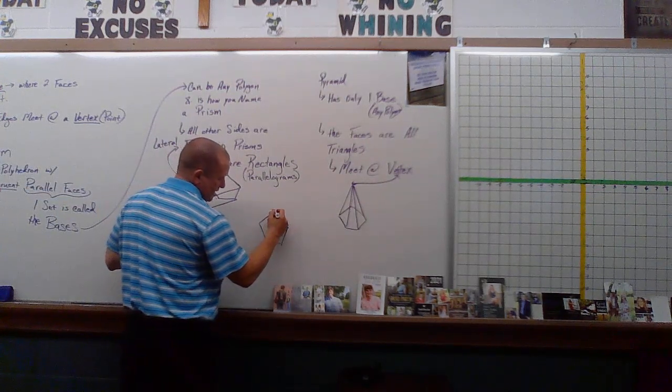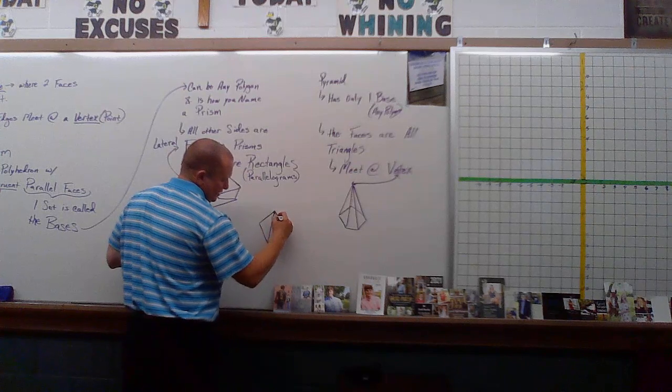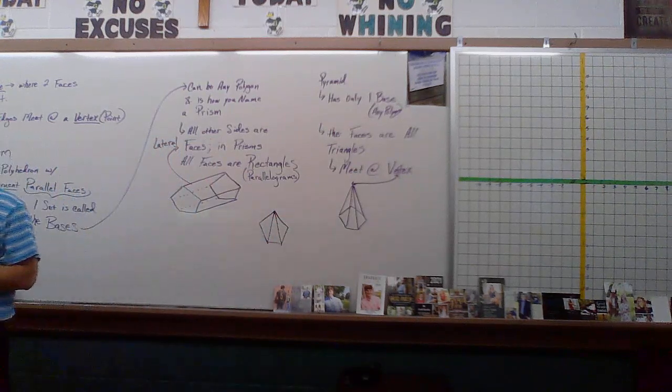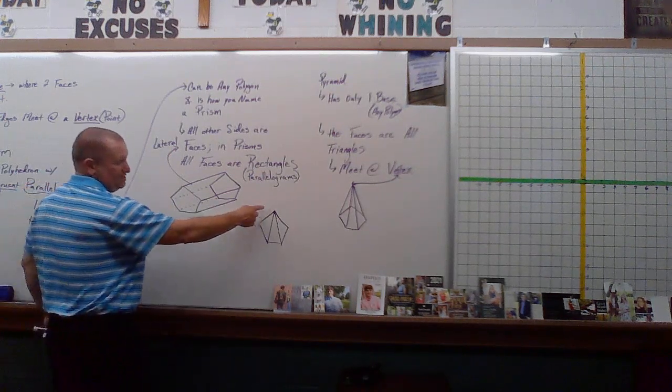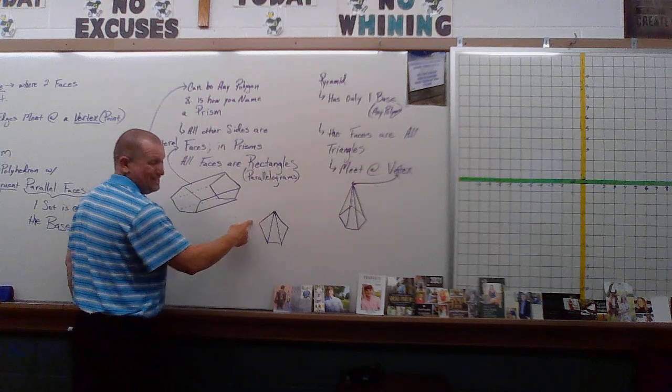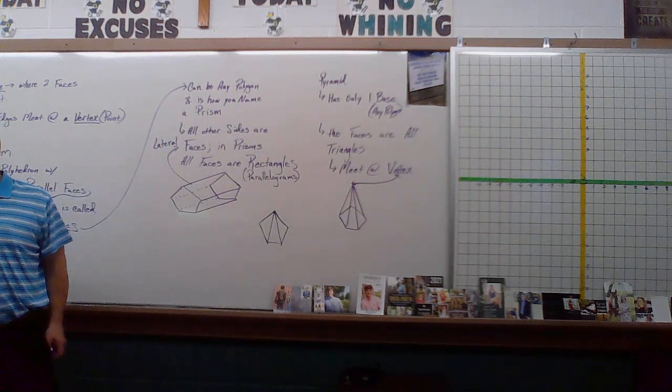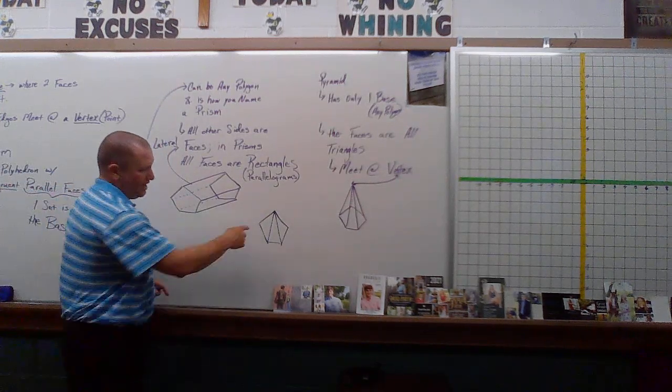It's some segment that you can draw from a vertex that goes to every non-consecutive vertex. Non-consecutive means I skip over this one because these two would be consecutive. All right? So this would be a diagonal here.